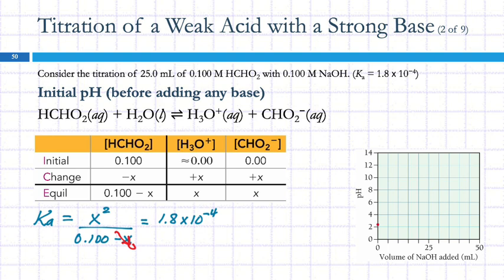So then we have X equal to the square root of 1.8 times 10 to the minus 4 times 0.1. So if we do that, then X is equal to 0.00424.